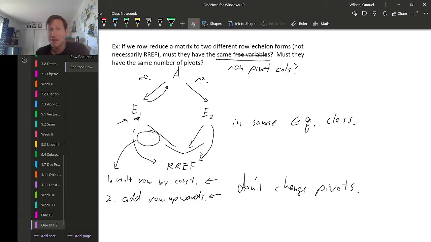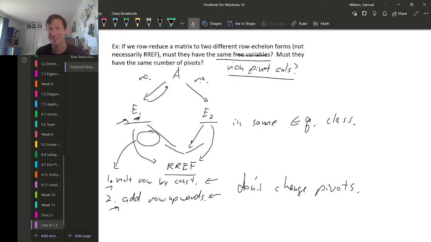So the reduced row echelon form has certain columns that are pivots and certain columns that aren't pivots. And if these operations aren't changing the pivots, that means all the pivots for E1, for the reduced row echelon form, and E2 have to be in the same places, right? And that means that, in fact, the non-pivot columns are actually all the same.